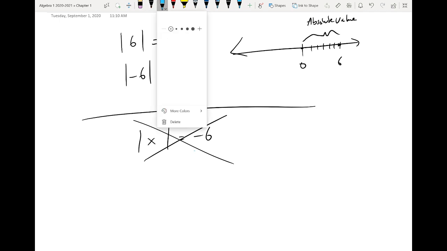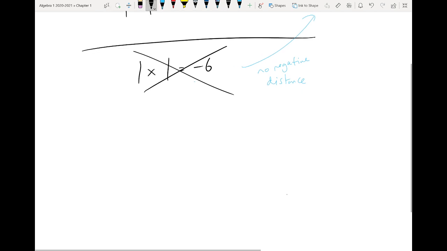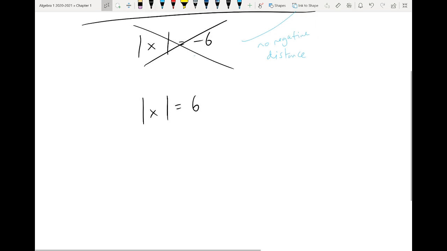Because we're not going to have a negative distance. On the contrary, though, let's say I have the absolute value of x is equal to +6. This is possible. Now, the question is, what are the possible values? Well, we just discussed them up above.